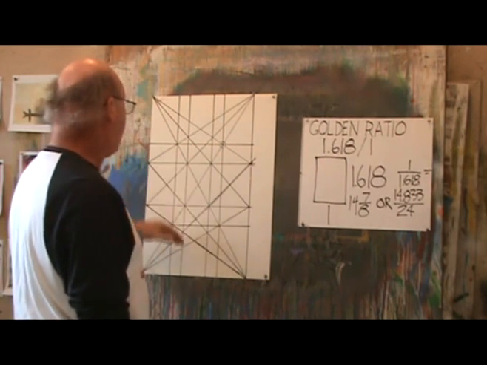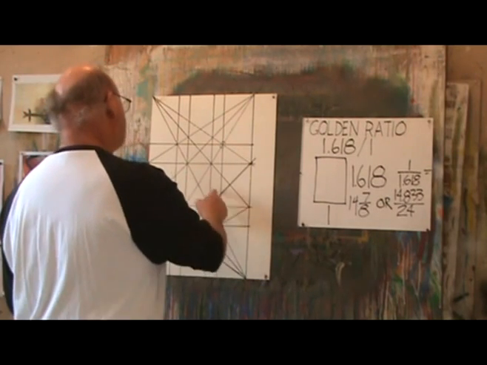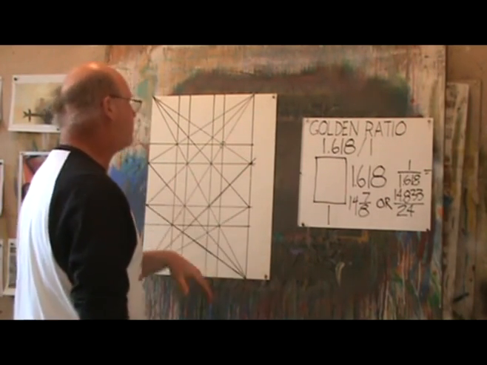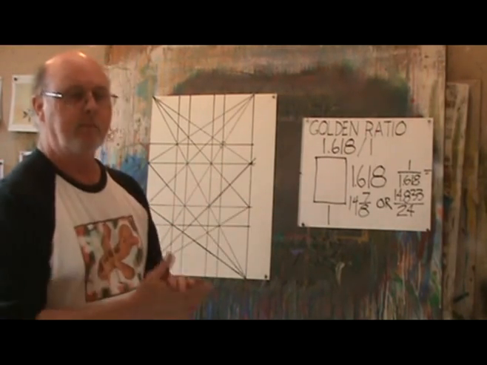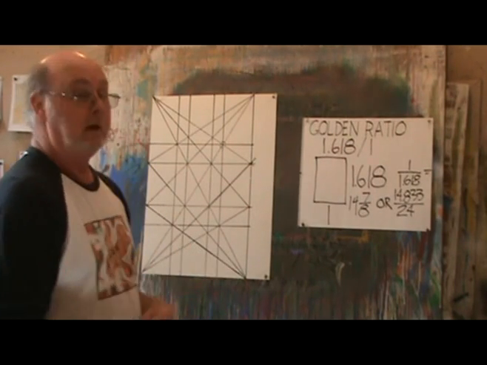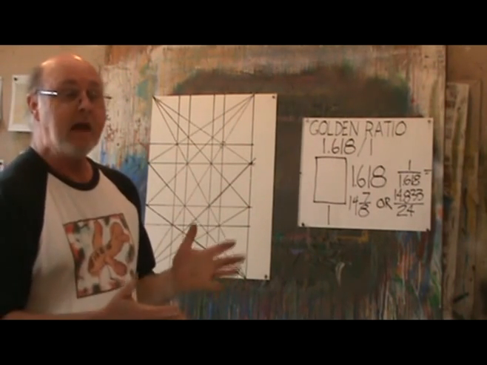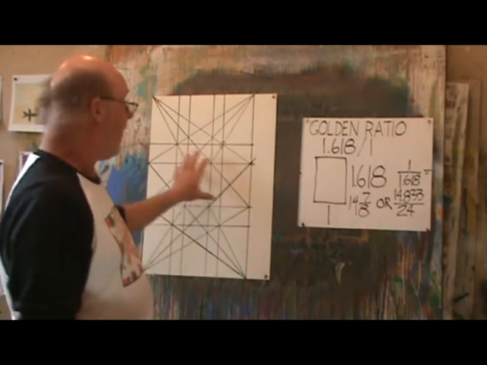You can have corners coming to points. You can have corners or circles orbiting around points. 1 point, 2 points, any number of points, any combination of points, any combination of lines. Whatever you want to do, the imagination is your limit as far as how you utilize these lines and points.